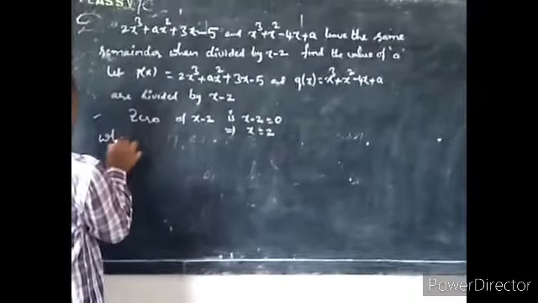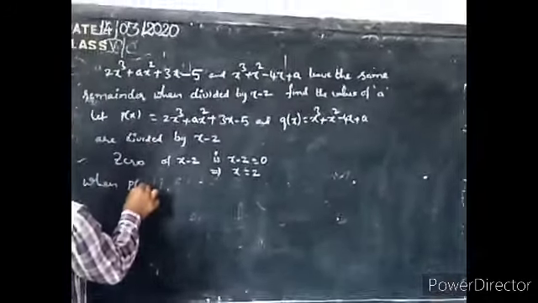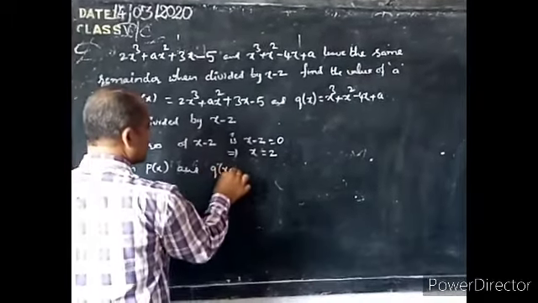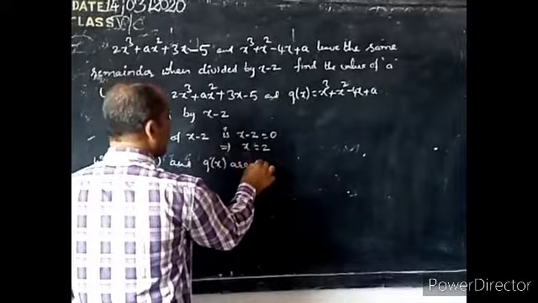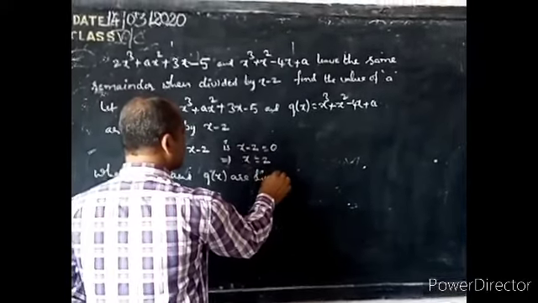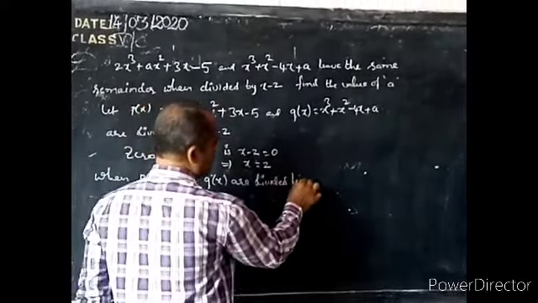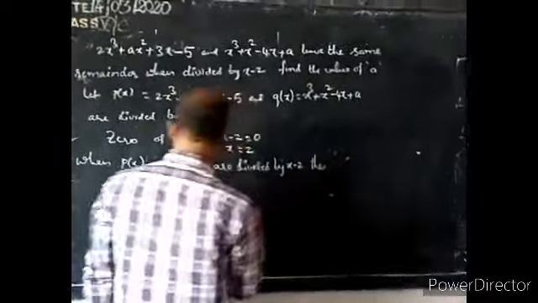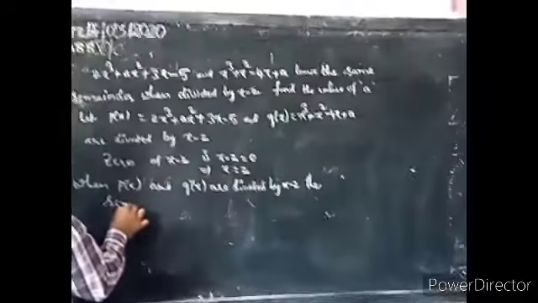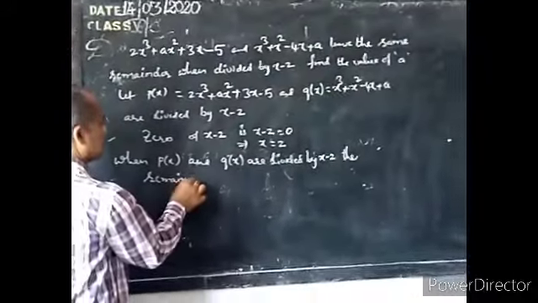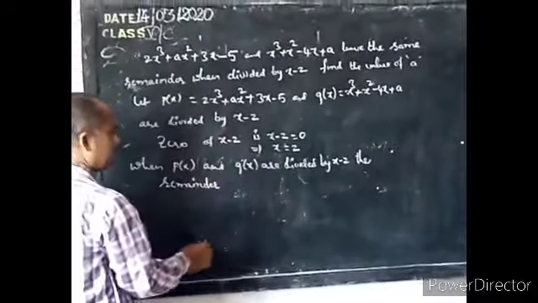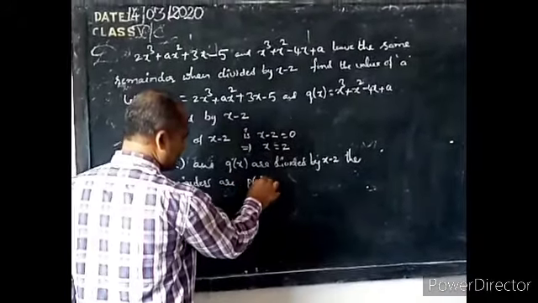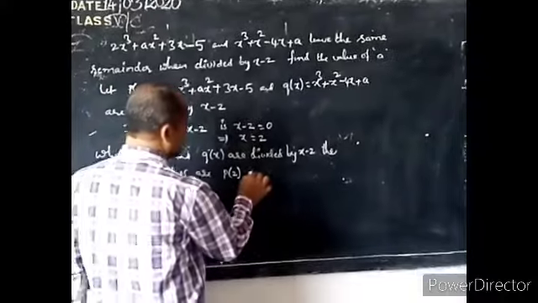When p of x and q of x are divided by x minus 2, as per the remainder theorem the remainders are p of 2 and q of 2.